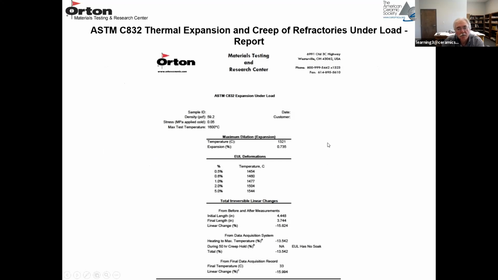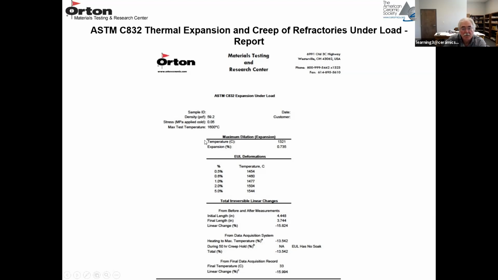And a test report looks something like this. This is an expansion under load test. It's a relatively low density material, 59 pounds per cubic foot. The stress is 0.05 MPa, megapascals.